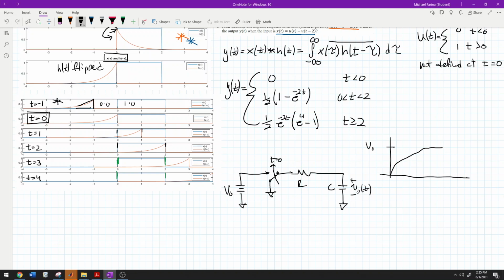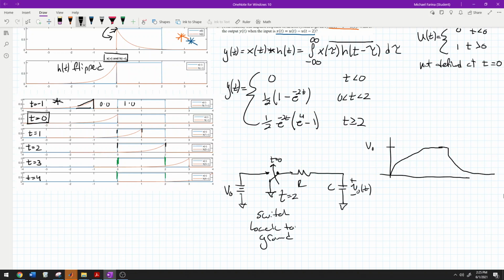And it's going to stay there until we turn this switch back to ground. So if at t equals 2, switch goes back to ground, we're going to discharge our voltage through the resistor and back into ground, and that's going to be an exponential decay. If you've taken circuits 1, then this should all be just recap.